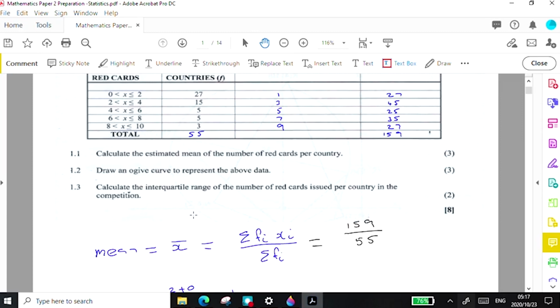Simplifying, 159 divided by 55, we get 2.89, which is our mean. So the mean is 2.89.